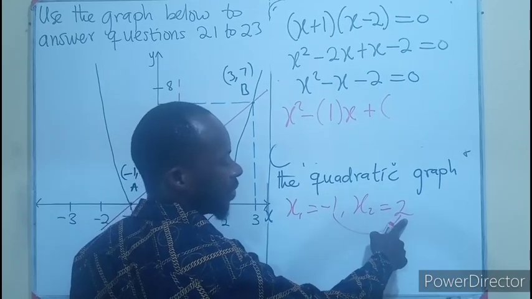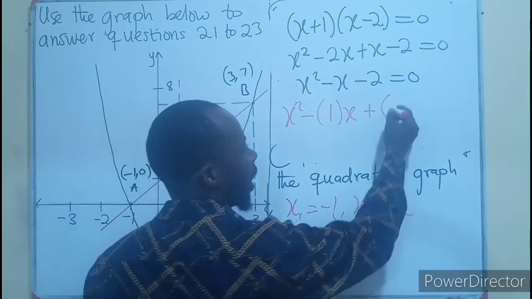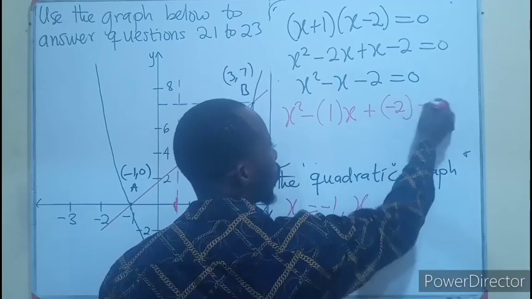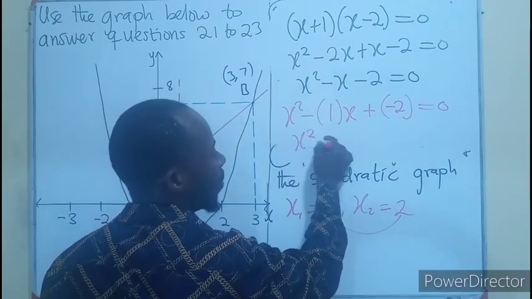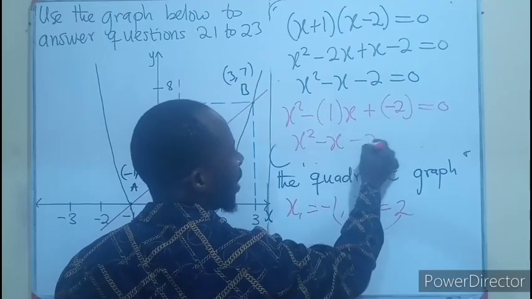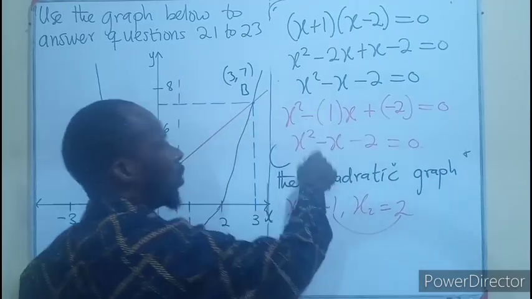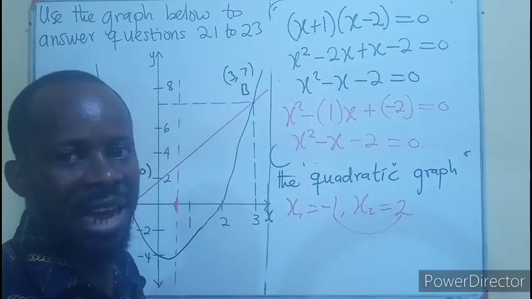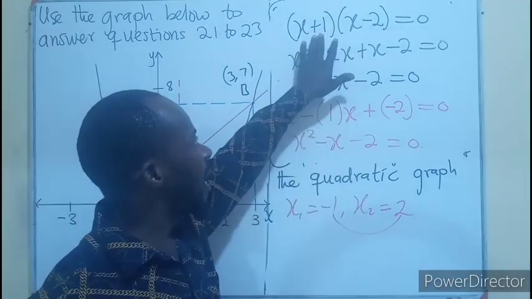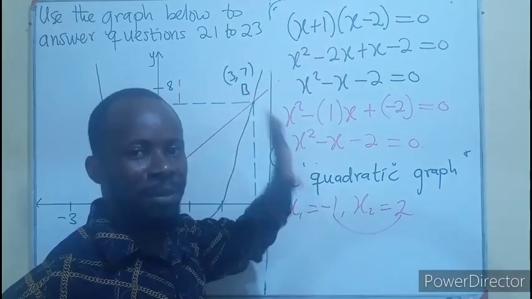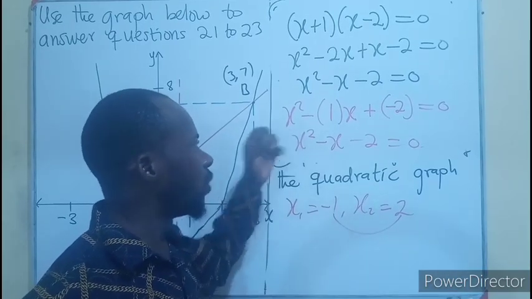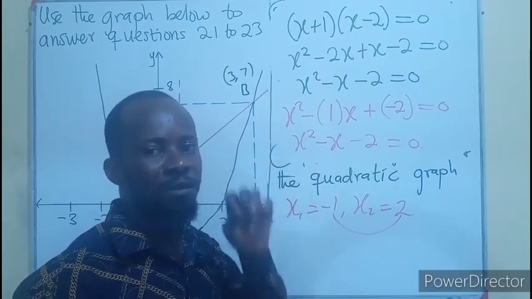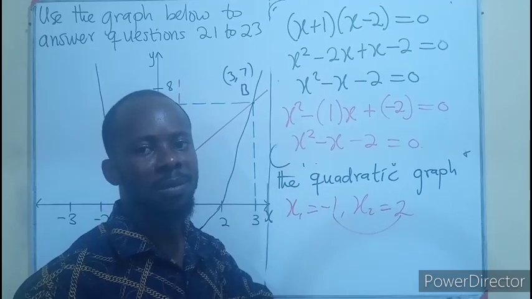Negative 1 times positive 2 will give us negative 2 equals 0. So x squared minus x minus 2 equals 0. So you can either use the first, which is putting them in brackets and expanding them to get your solution, or just use the quadratic equation formula when the roots are known.